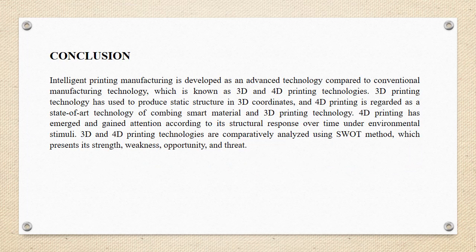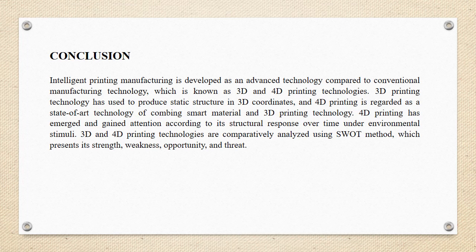Now let's look toward the conclusion. What we learn from these slides: 3D and 4D printing technologies are advanced technologies. 3D printing technology produces static structures in three coordinates, or we can say in three directions, three dimensional.